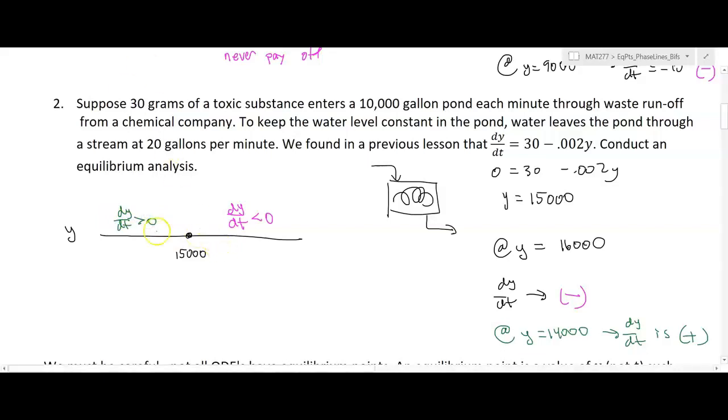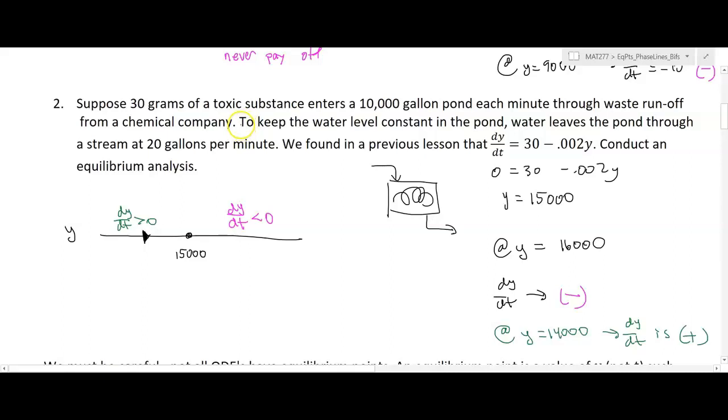If we put some arrows on this number line to indicate more clearly what's going on, we could say that in this case, because dy/dt is positive, y is increasing. And if y is increasing, that means it's getting closer to 15,000, which made sense because our initial concentration was 0 inside of the pond.